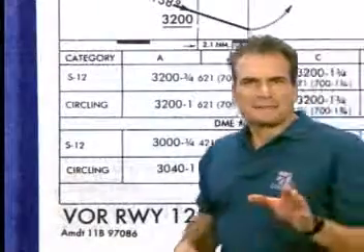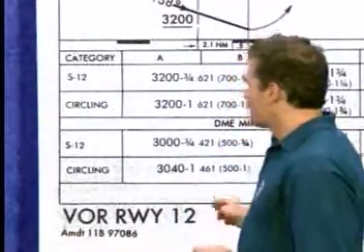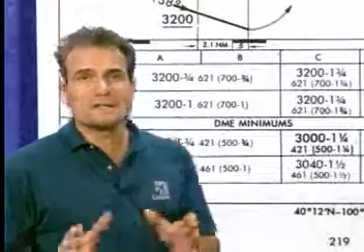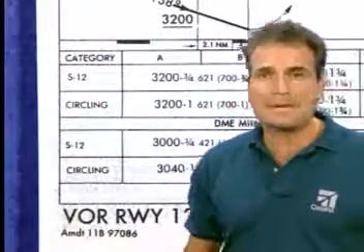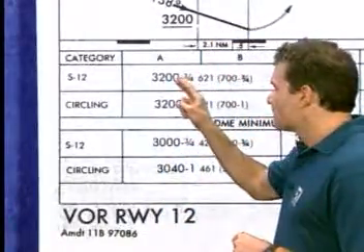Now let's take a look at the minimums section of the VOR runway 12 approach at McCook, Nebraska, where you'll find a second table labeled DME minimums. Since DME isn't in the approach name, you don't have to have DME to fly the approach. But without DME, your MDA would be 3,200 feet.